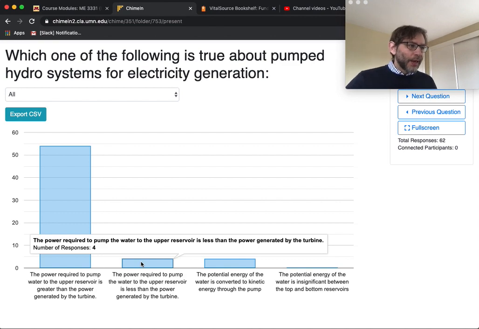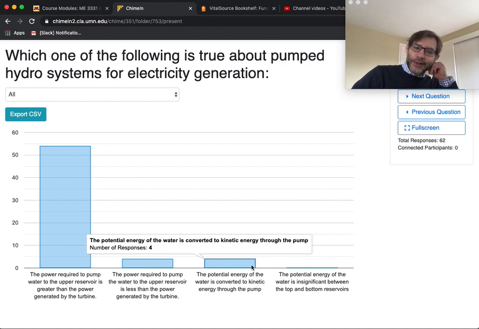Okay, and the potential energy of the water is converted to kinetic energy through the pump. Now this is a little tricky. I could see this one, but if we think about the pump as a control volume around the pump itself, we're thinking about just the work that's done into the pump.